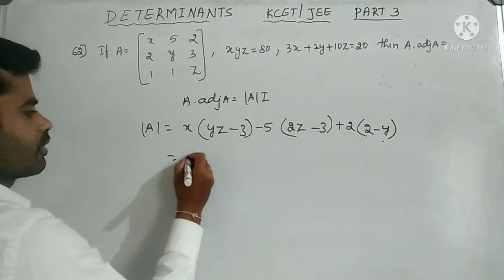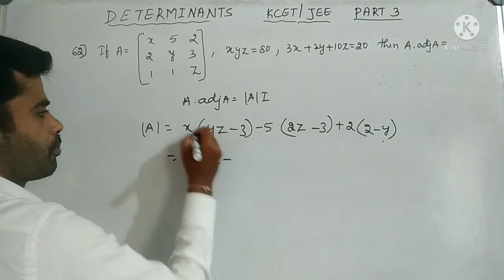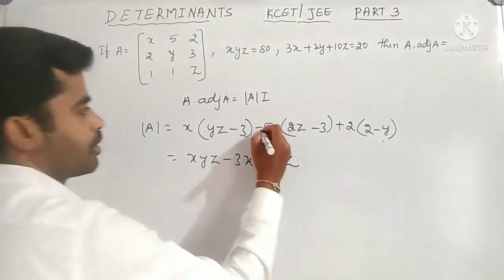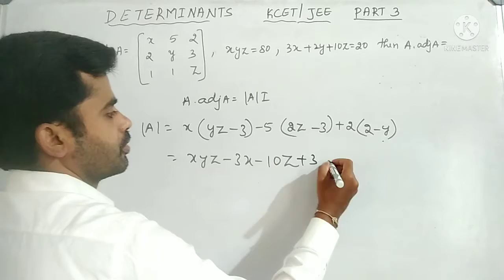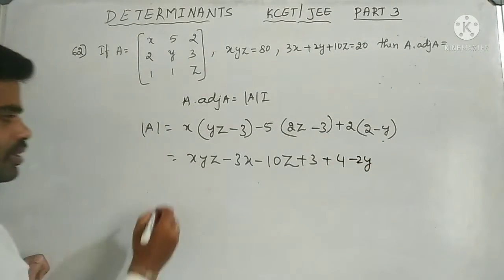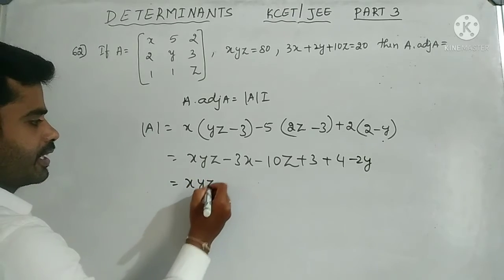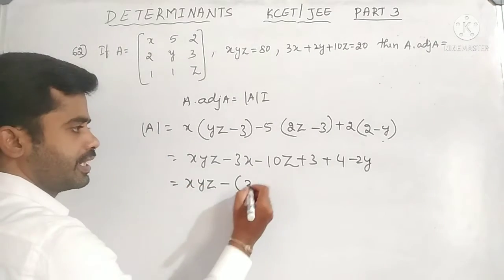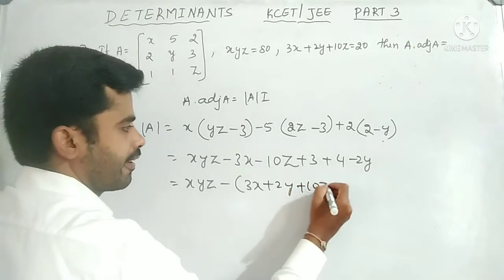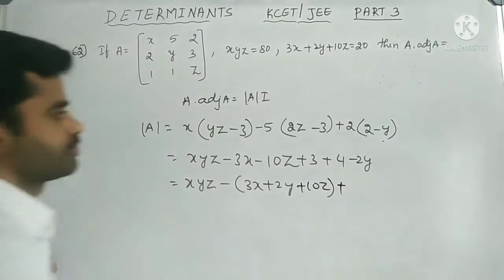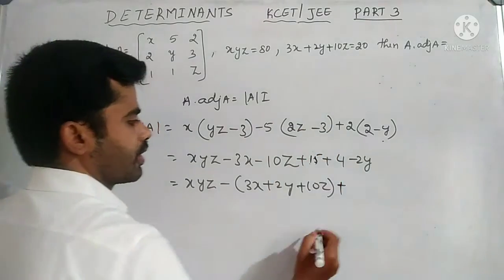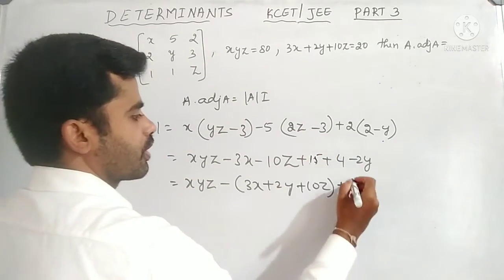Then this is xyz - 3x - 10z + 15 + 4 - 2y. Now this becomes xyz minus, taking common, (3x + 2y + 10z) plus 15 plus 4, which is 19.